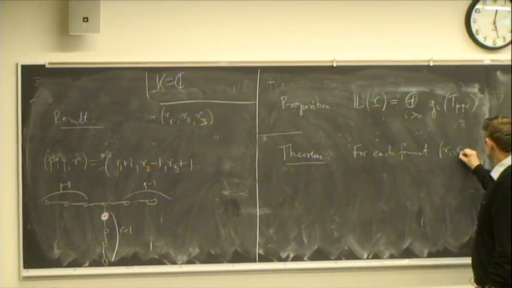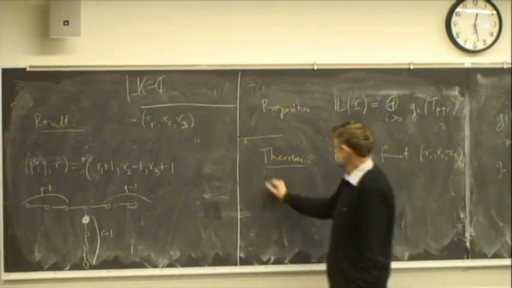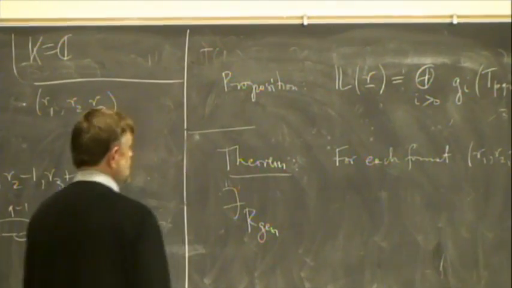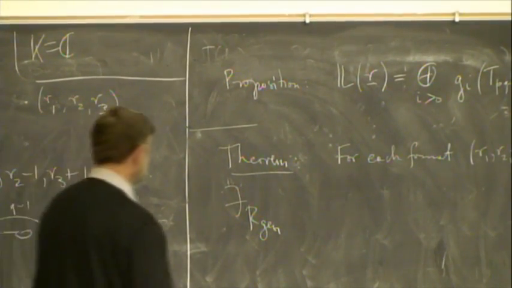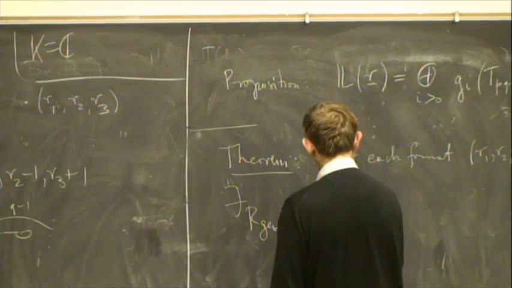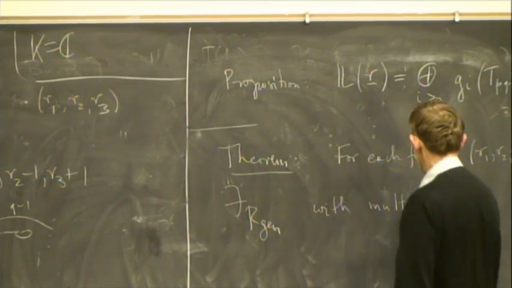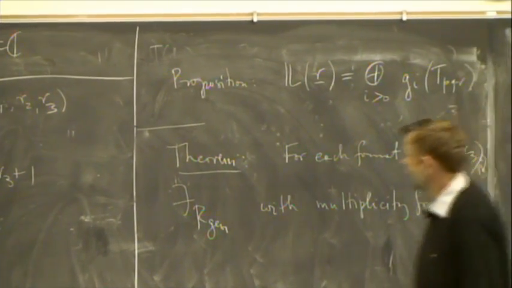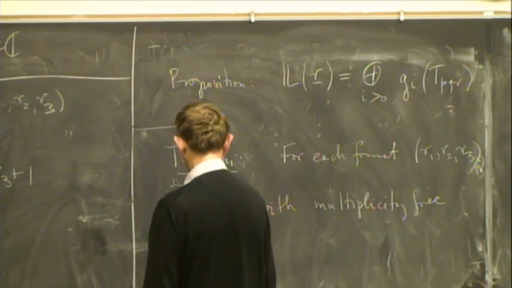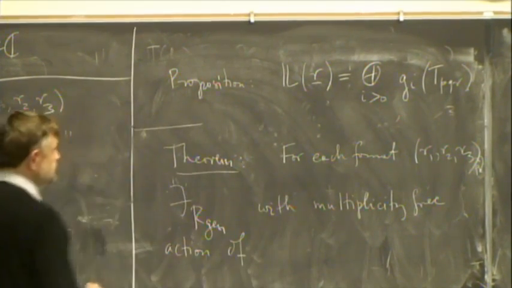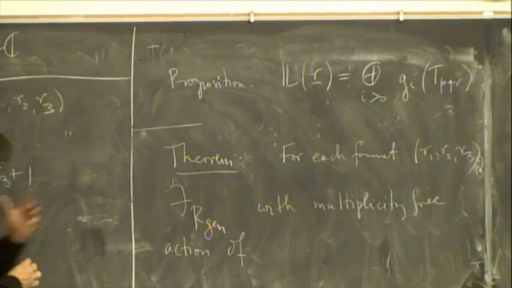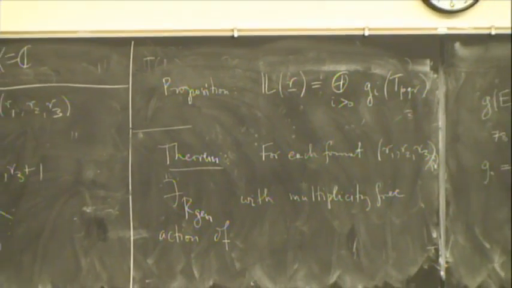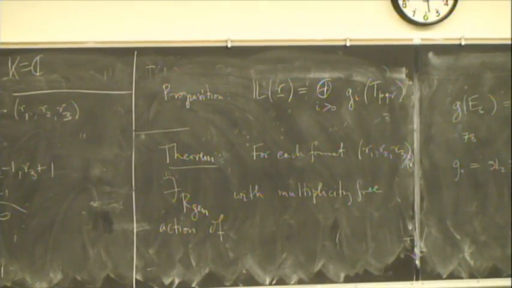R3, R1, R2, R3, there exists R generic, with a multiplicity free action. Notice, to construct my algebra L, I only use the odd part of the complex, F1 and F3. So I still have GL(F2) cross GL(F0), and that's actually how you analyze everything.